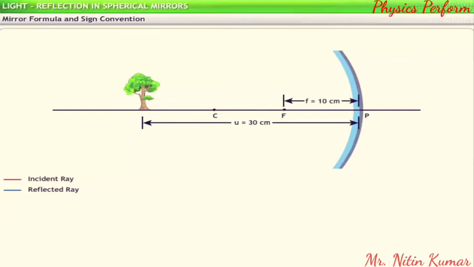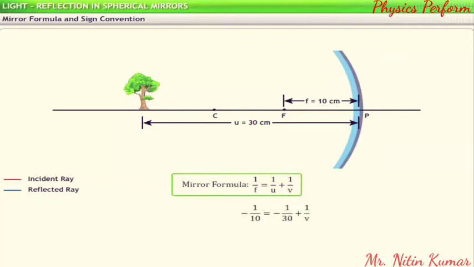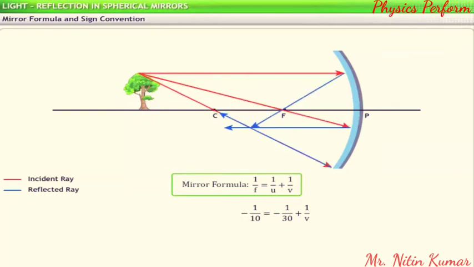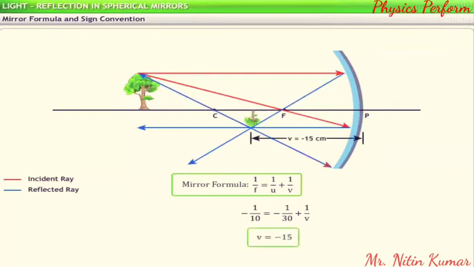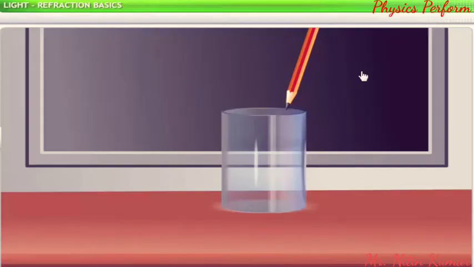According to the problem, U is equal to 30, F is equal to 10. According to the mirror formula, 1/F = 1/U + 1/V. Substituting the values for F and U in the formula, you get V is equal to minus 15.